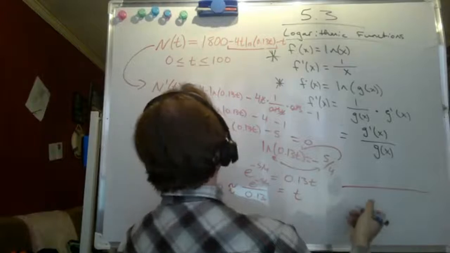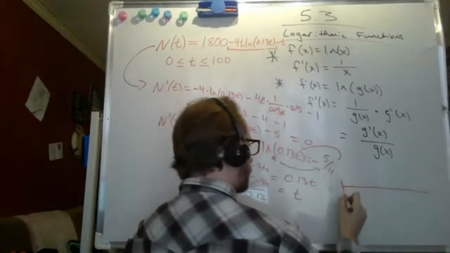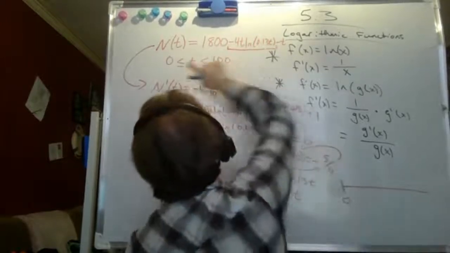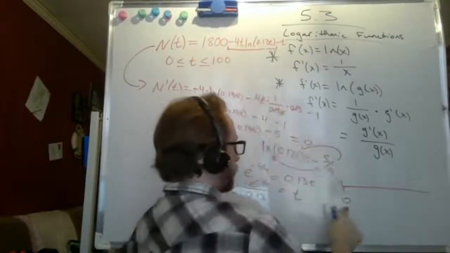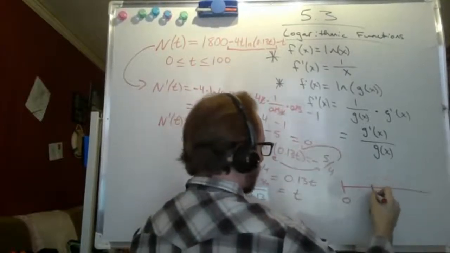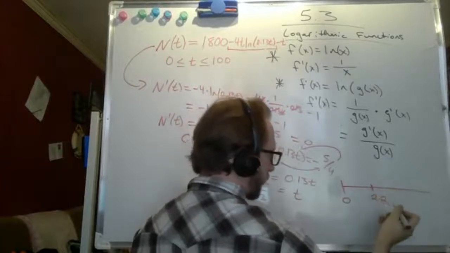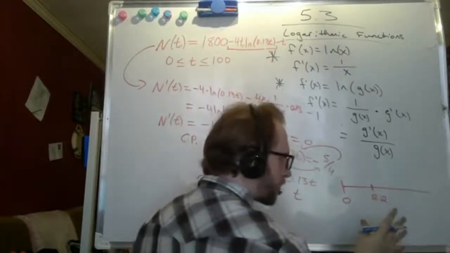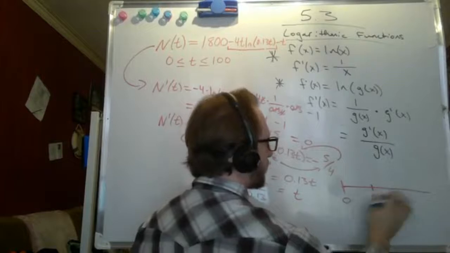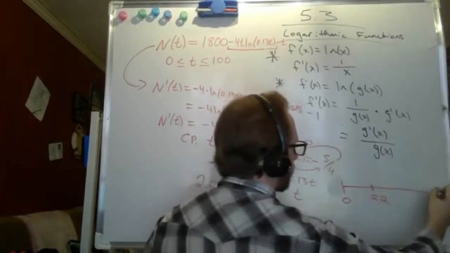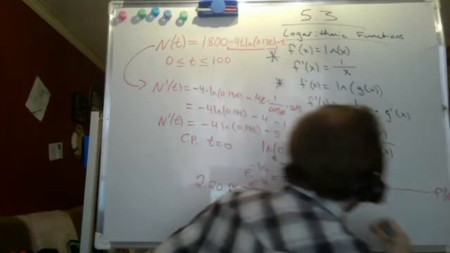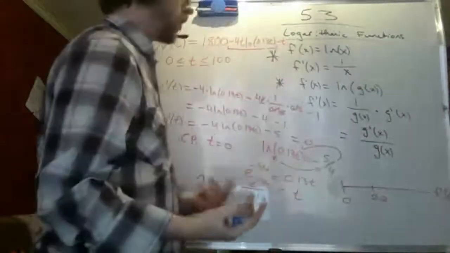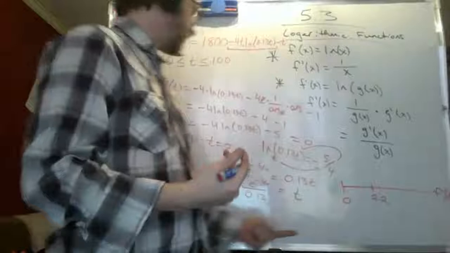So what are our critical points? Well, on the far left, we've got 0, which is the smallest number we can plug in based on our bound. So we've got 0, and then we've got this 2.2 number. It's not really 2.2, but just for the sake of approximating and trying to fill in this first derivative line, it's going to work for us. So if I plug in, say, 1, that's a number in between these two guys.